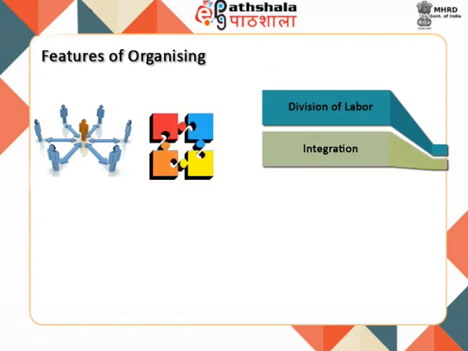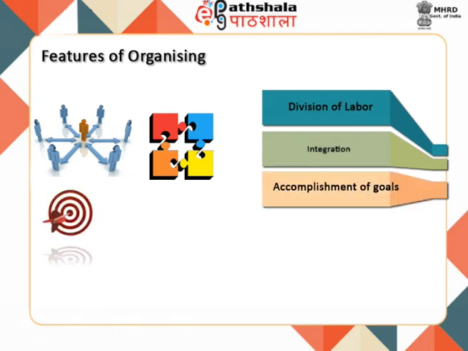It is very important to integrate all the different activities at all levels in the different departments to develop uniformity for the attainment of the organizational objectives. Accomplishment of goals. Grouping of activities and structural relationships are created in the organization only for the purpose of the attainment of the organizational goals.